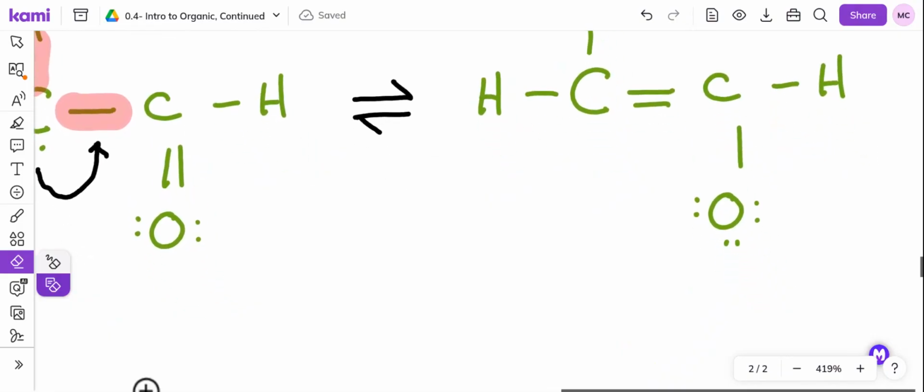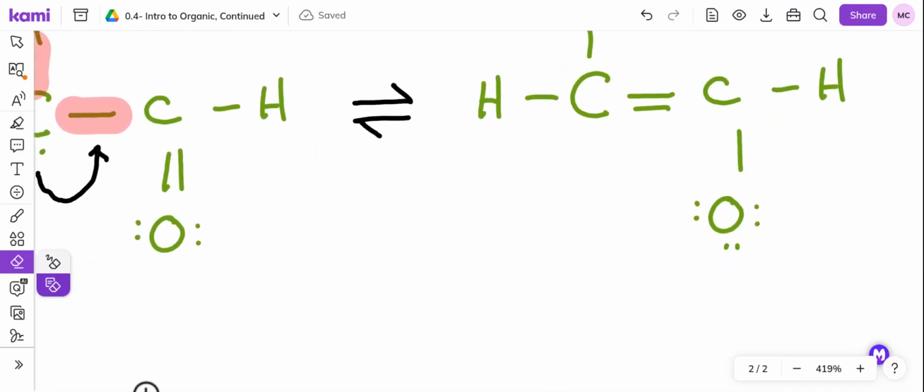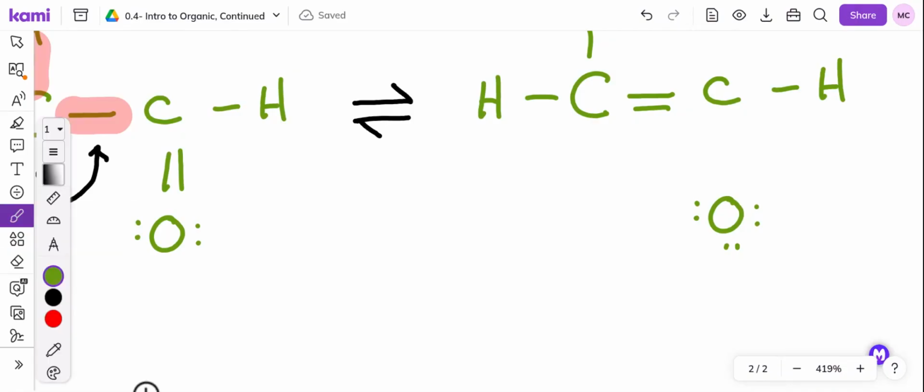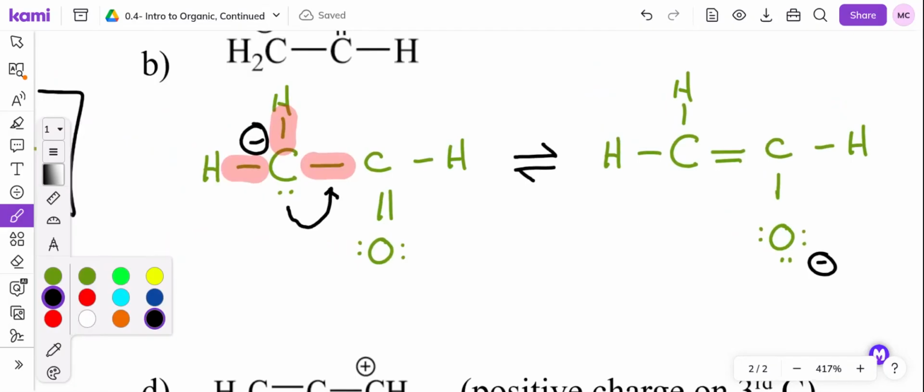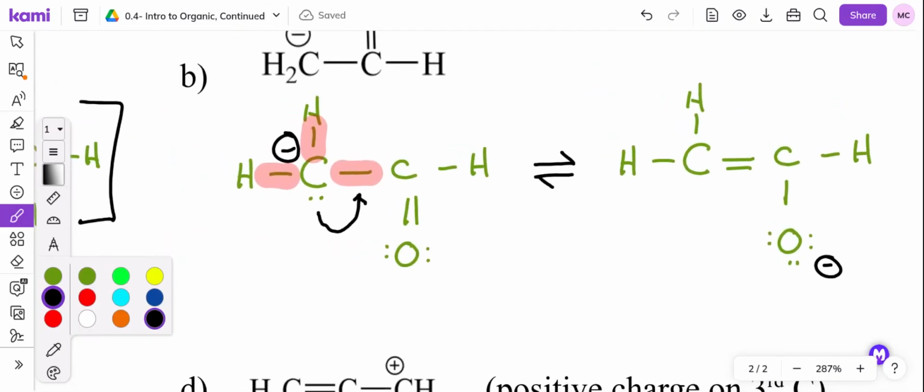However, what has happened to the charge for the oxygen? Here, let's move this over. Now oxygen, as we all know from doing many, many formal charge calculations, possesses a -1 charge.